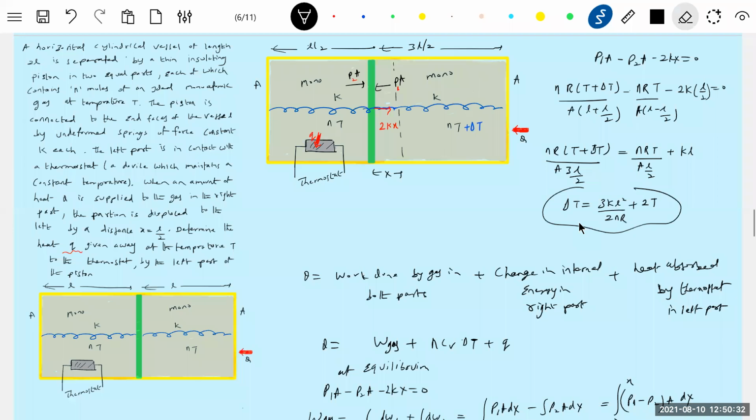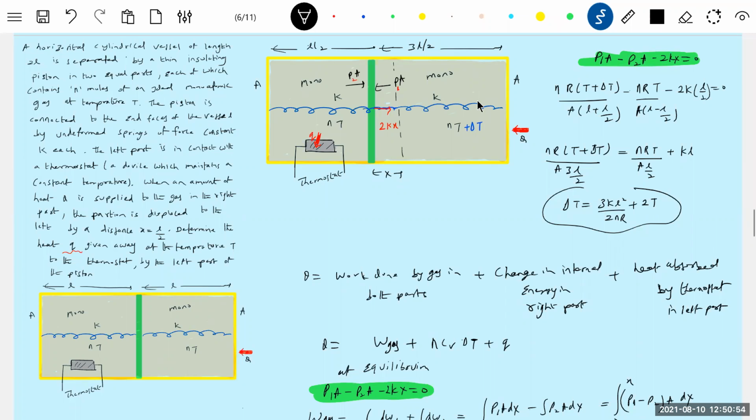I think this is a very primary equation. We may take it lightly, but at equilibrium, the whole concept just revolves around this one only. A will be there. A must be there. Delta T is there.